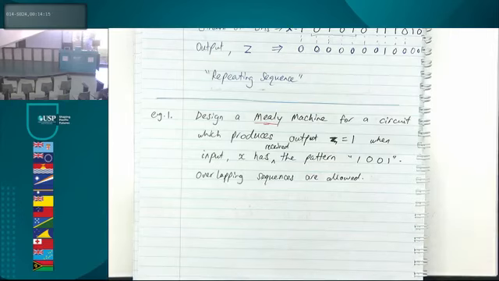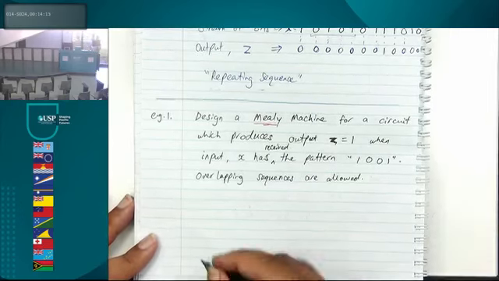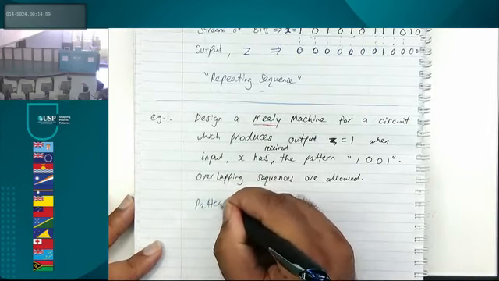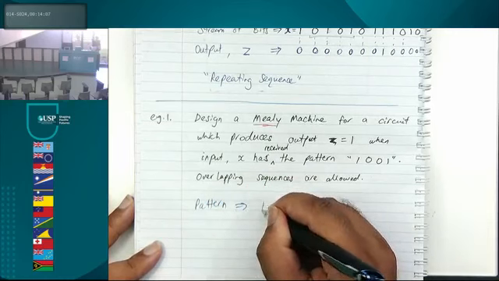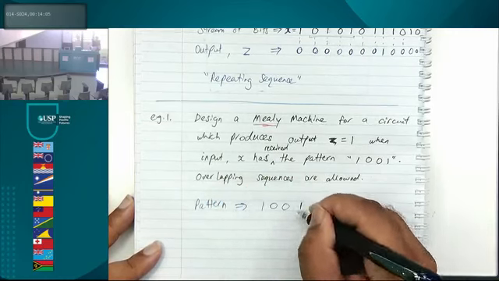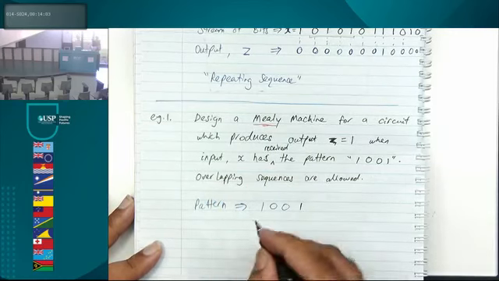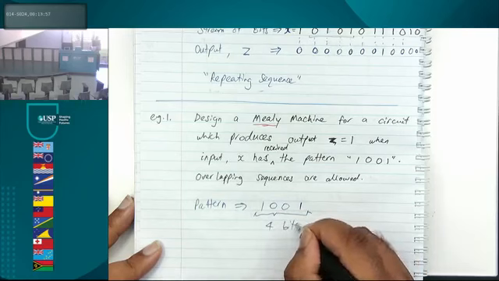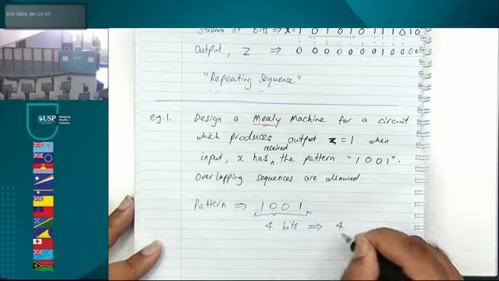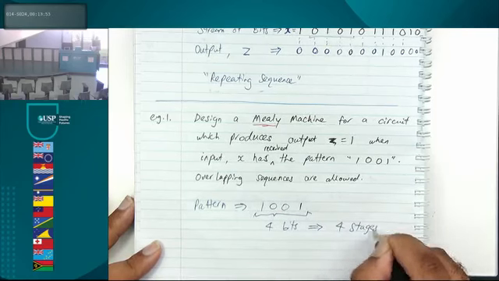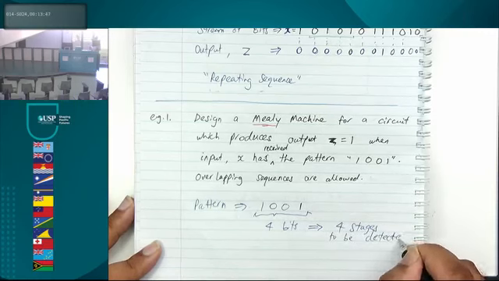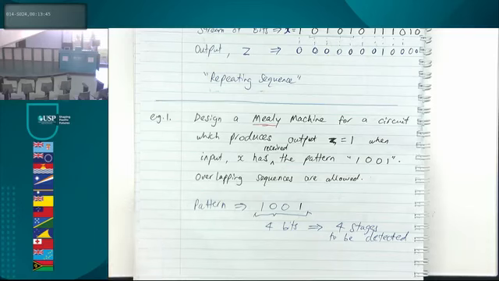All right, so the pattern to be detected is 1001. How many bits, guys? 4 bits. That means 4 stages to be detected.